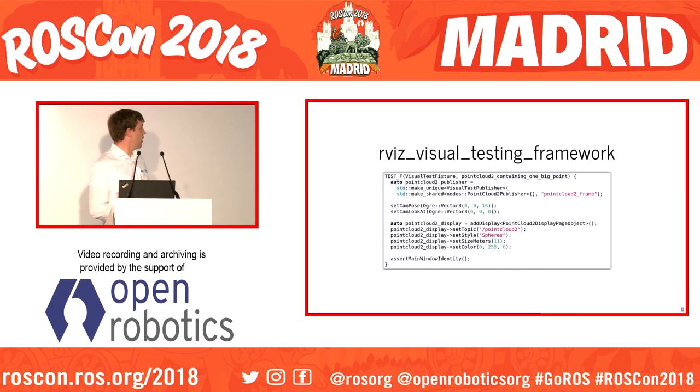We have a special test fixture which does all the heavy lifting, and then we start up a publisher, in this example a point cloud publisher, which publishes a very simple point cloud consisting of one single point. Then we set up the RViz window, so we define the camera perspective and make sure that the scene is pointing at the point we are publishing.